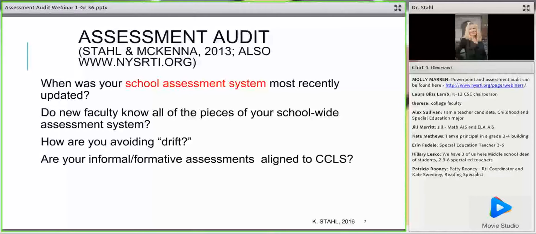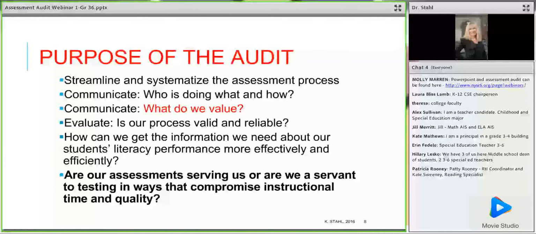So the purpose of our audit is to streamline and systematize our assessment process, because more is not always better. We want a lean and efficient, or what Mike McKenna and I called in our book, the lean and mean assessment system.